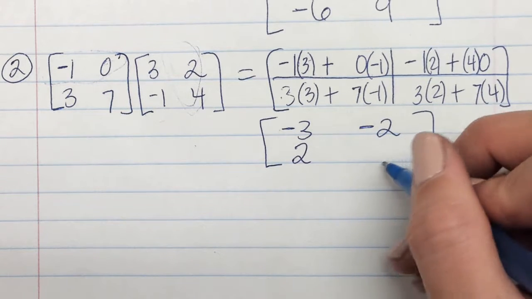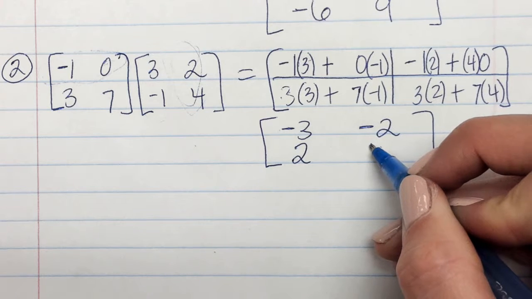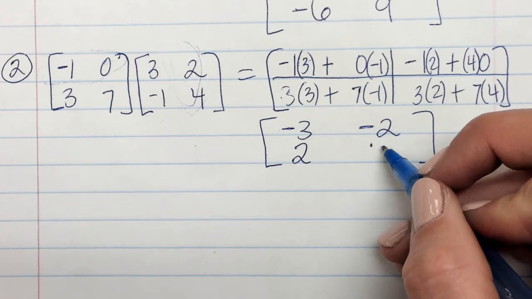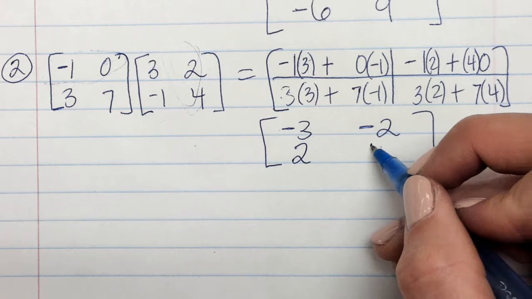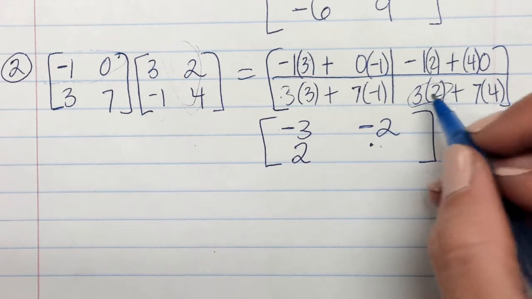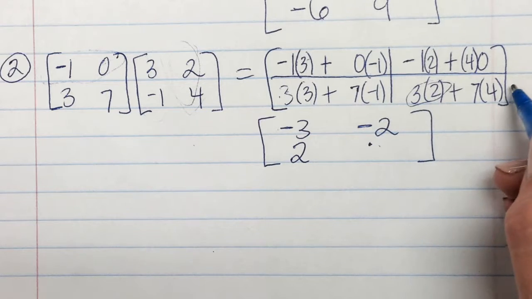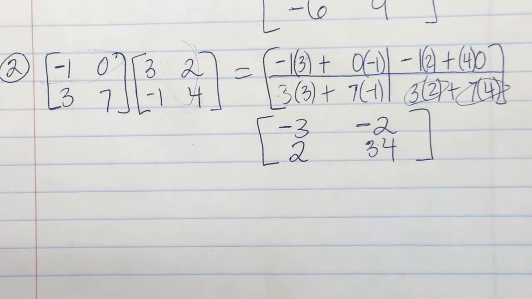Alright, and Rihanna? Oh wait, no. So this one makes what? 6 and 20, so that's going to make 34. Good. That's it.